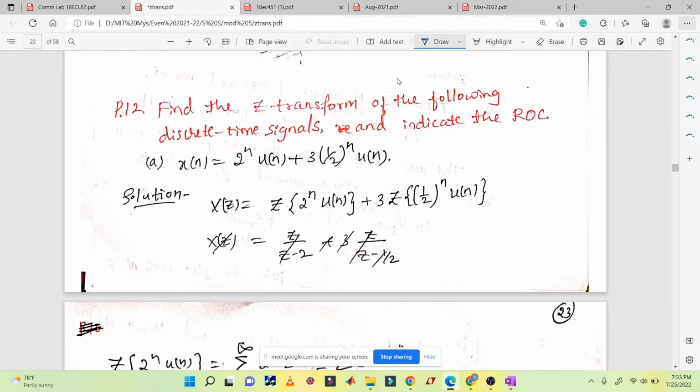Now moving on to the very interesting part of this. Using the already learned concept, we are going to solve the problems. Now you can see instead of a to the power n, b to the power n, we have numbers like 1 by 2, 2, 3. These are nothing but a and b, general form.